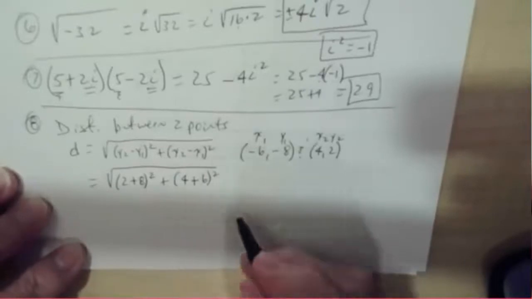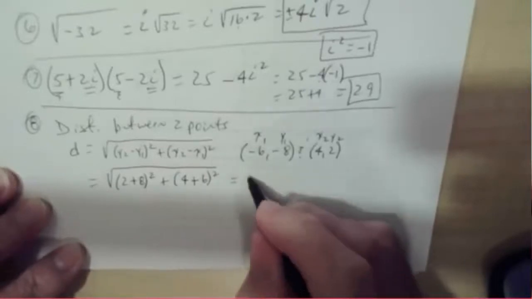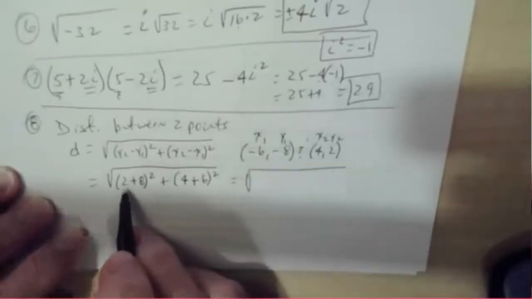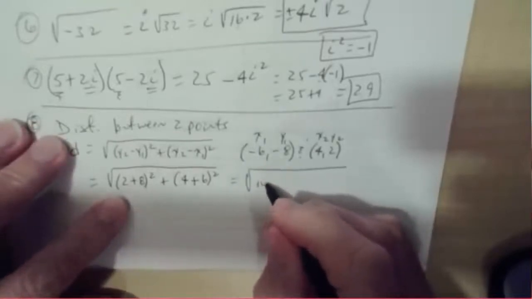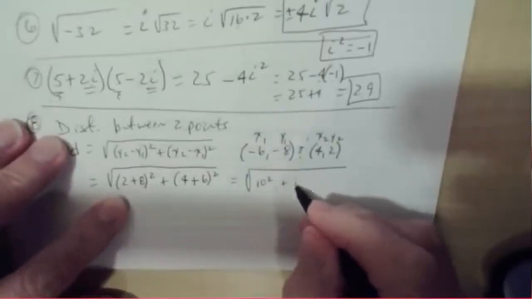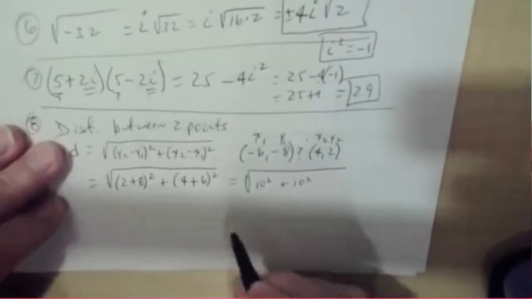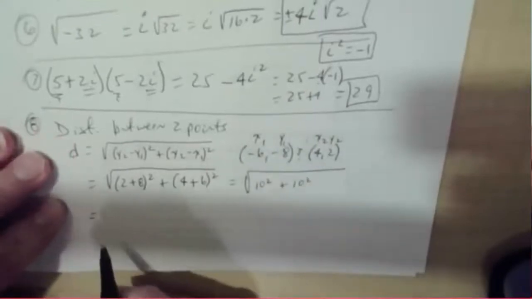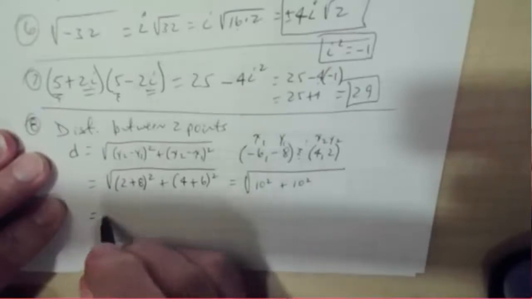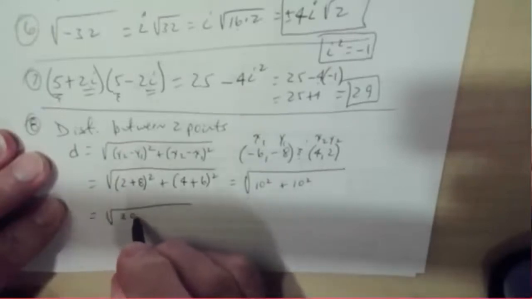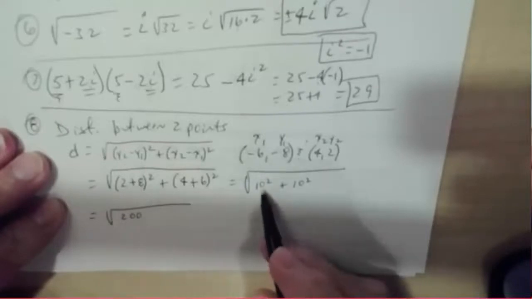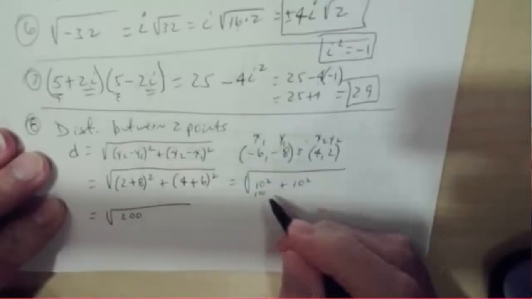This equals the square root of 2 plus 8 is 10 squared plus 10 squared, equals 200. 10 squared is 100, and again, 10 squared is 100.